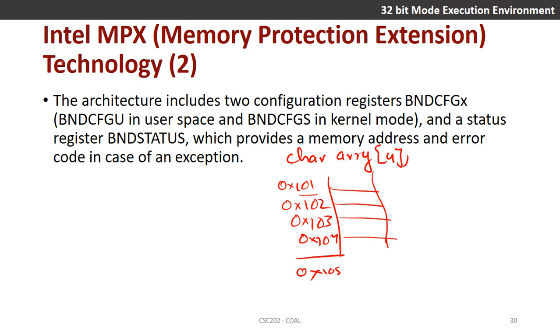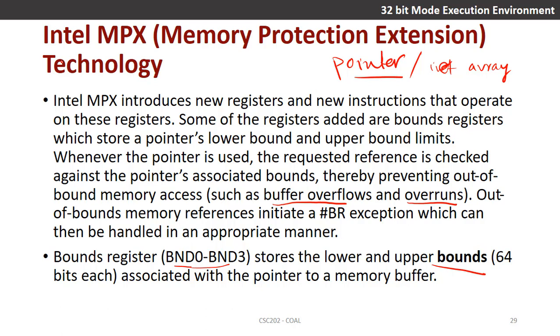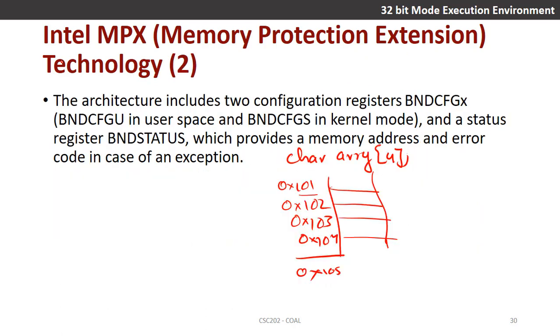In these registers, BND0 to BND3, the microprocessor stores the lower and upper bound of the pointer pointing to that array. If during the execution of the program any thread, statement, or instruction tries to access the memory region below 101 and above 105, in fact it ends at 104, access above 105 will not be granted.